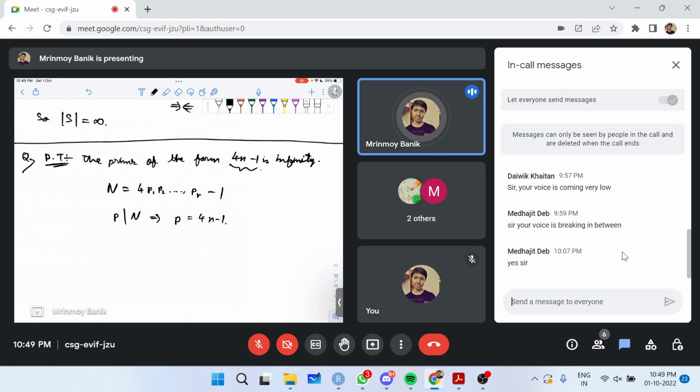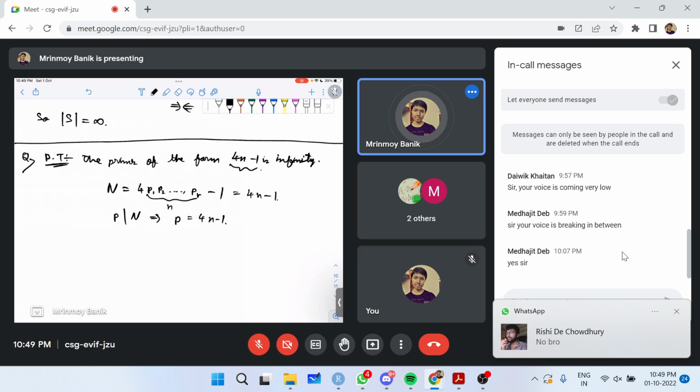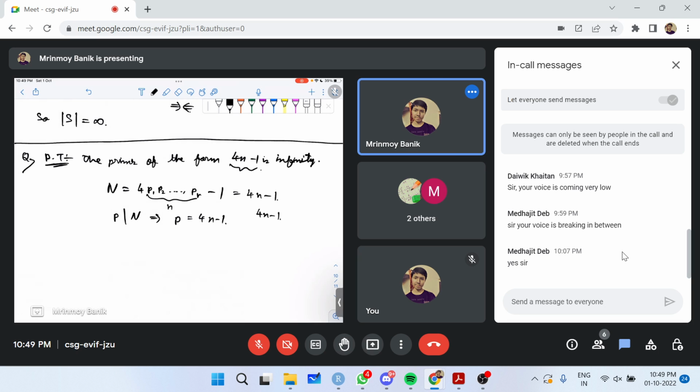See, this number N is of the form 4n minus 1. Numbers of the form 4n minus 1 only have factors of the form 4n minus 1. Why is that so? You can consider modulo 4.